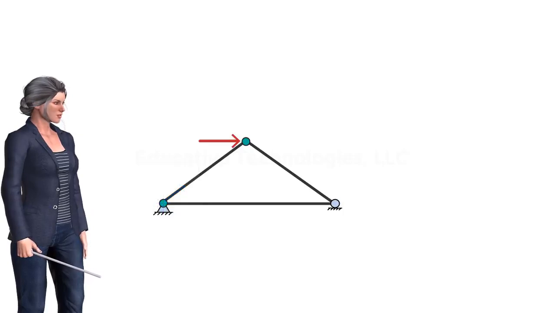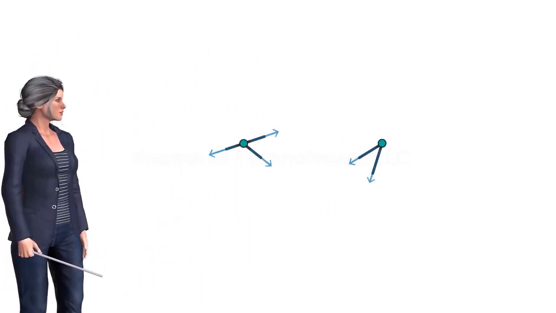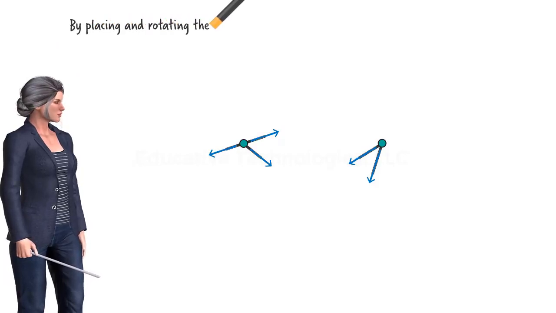As you just saw, we can identify the zero-force members in a truss using qualitative analysis. The analysis involves using a simple principle by placing and rotating the coordinate system at a joint.